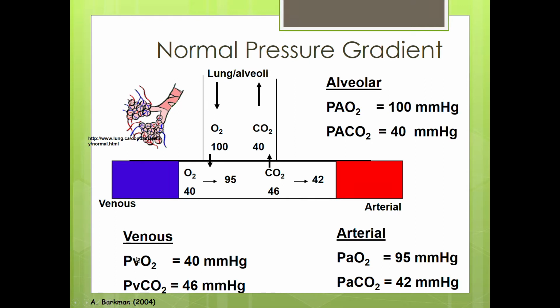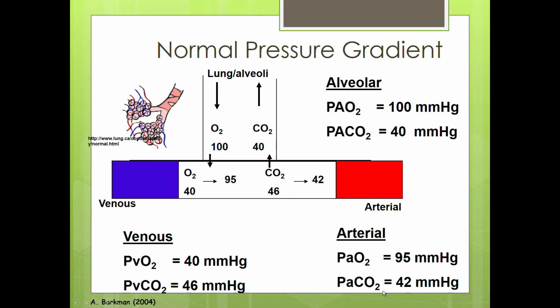Okay, so this is just showing you here in venous blood, of course there's going to be less oxygen, right? Because the oxygen has been used at a cellular level. And there's going to be a little bit more carbon dioxide that is leaving because the tissue has released it. In our arterial blood, see how there's a high level of PaO2? There's 95 millimeters of mercury because we have oxygenated blood.